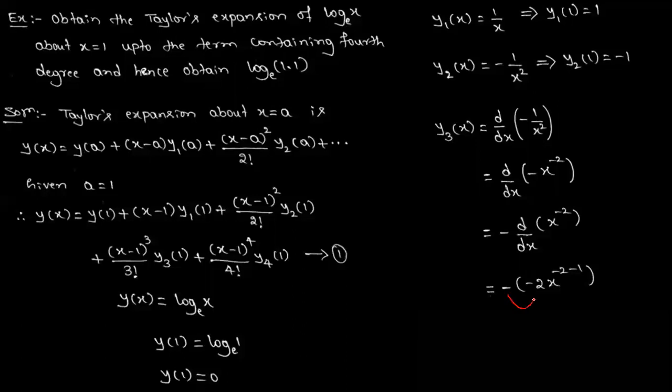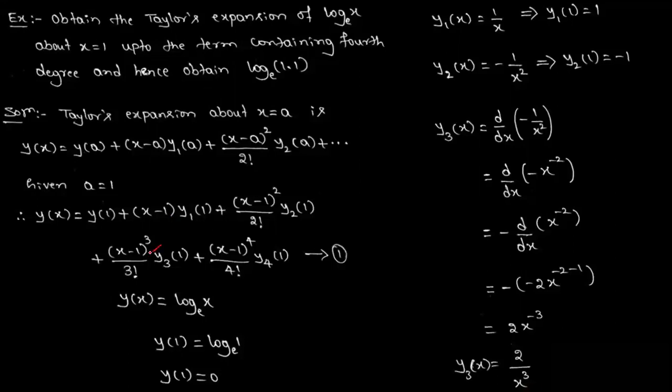In the next step, what happens? Minus into minus plus 2 into x to the power minus 3, because minus 2 minus 1 is minus 3. Now we can take this x to the power minus 3 to the denominator again. It becomes 2 by x to the power 3.